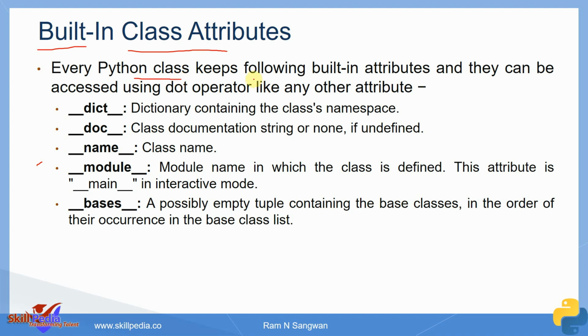Every Python class keeps the following built-in attributes and they can be accessed using the dot operator like any other attribute. __dict__ is a dictionary containing the class namespace. __doc__ is the class documentation string, or none if it is not defined. __name__ is the class name. __module__ is the module name in which the class is defined; this attribute is __main__ in interactive mode. __bases__ is a possibly empty tuple containing the base classes, in order of their occurrence in the base class list.